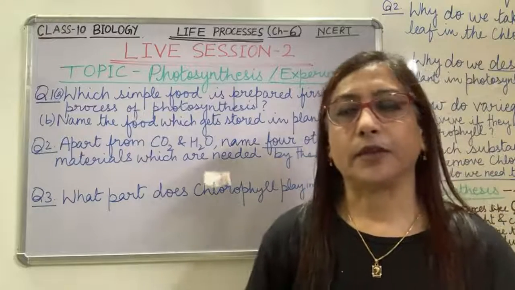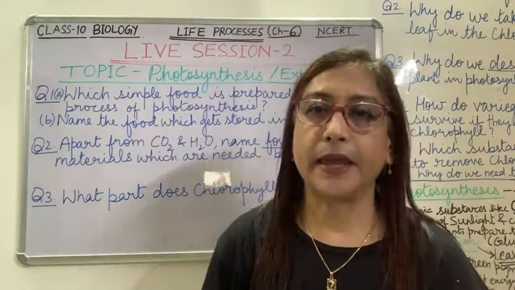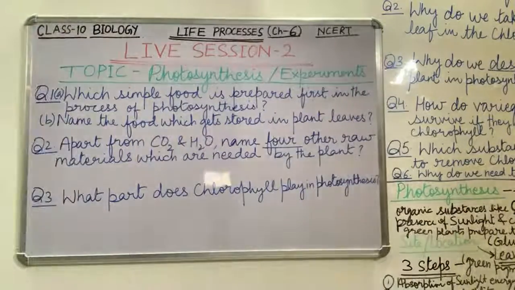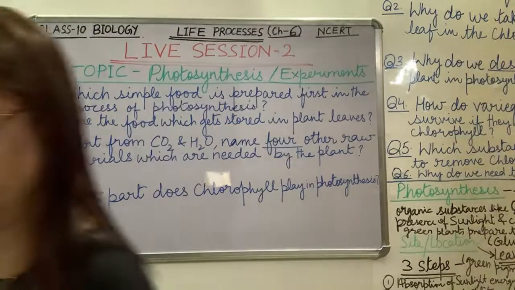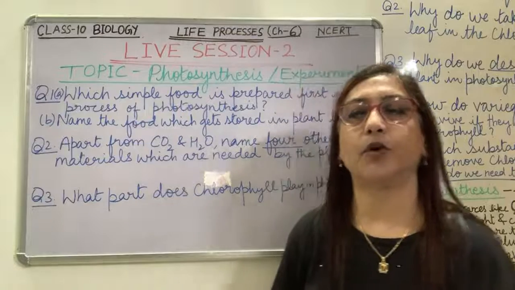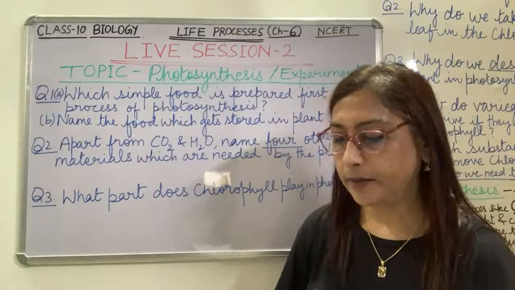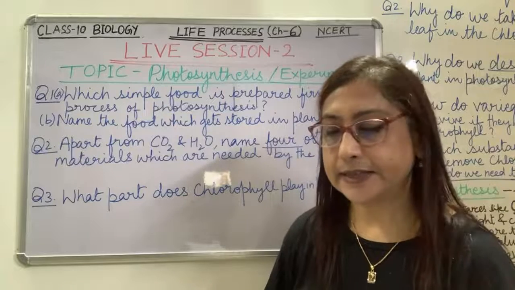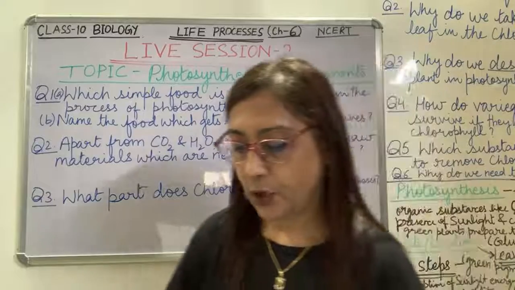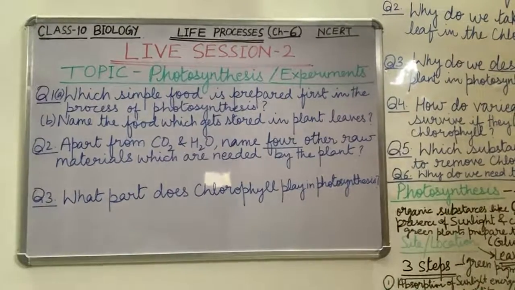So this is all about the introduction. Let's begin with the chapter. Let's begin with the questions. I'll take the questions from the NCERT book. Now children, if you have the NCERT book with you, please open page 101 of chapter 6, that is Life Processes.